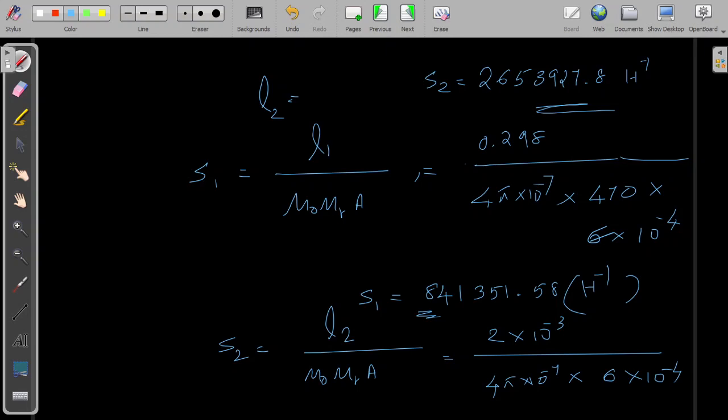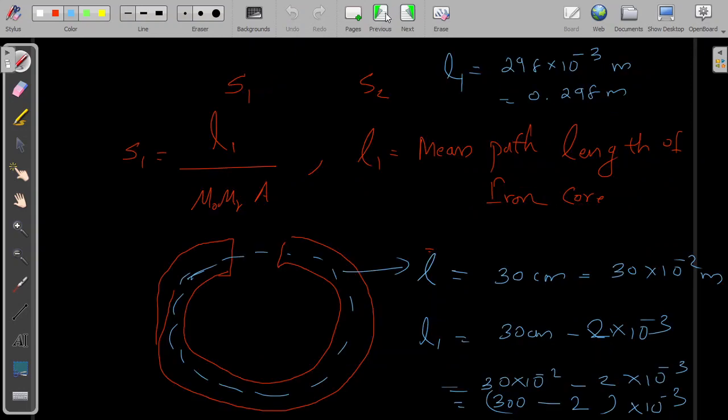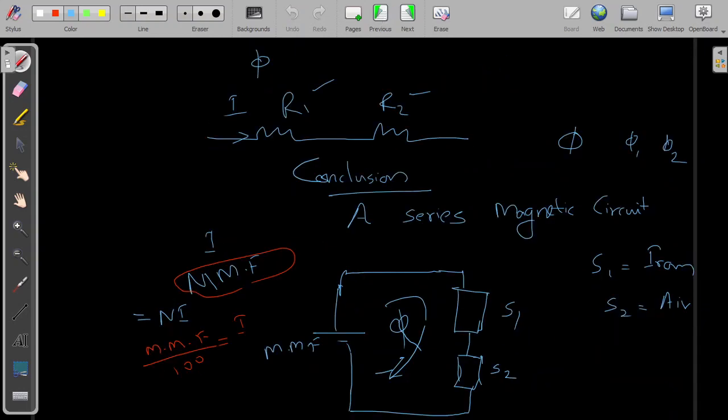So that means we have the required MMF. If you apply KVL for this magnetic circuit, this is plus minus, so MMF will be plus and minus.